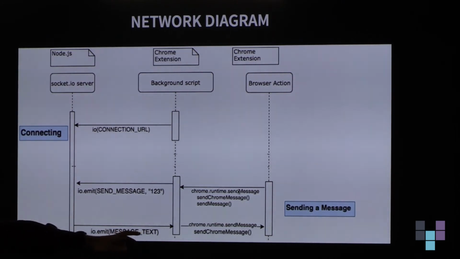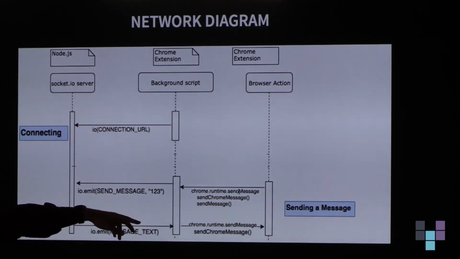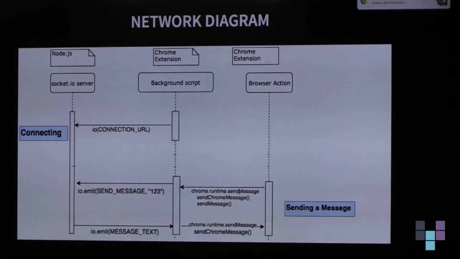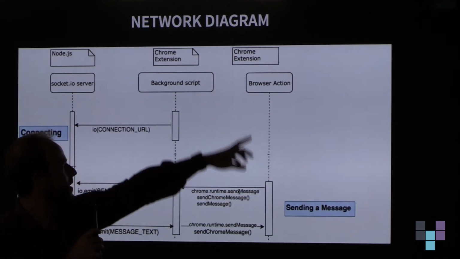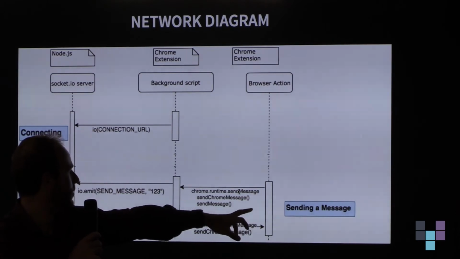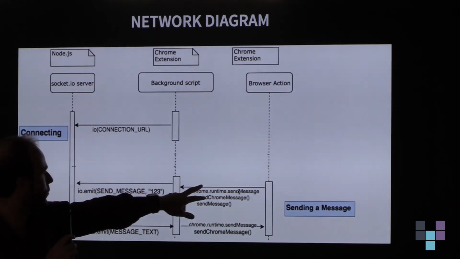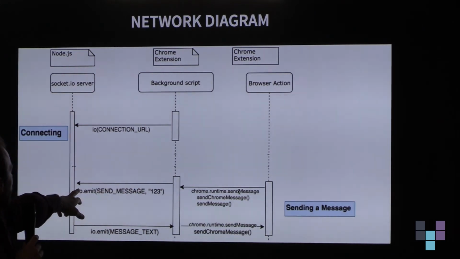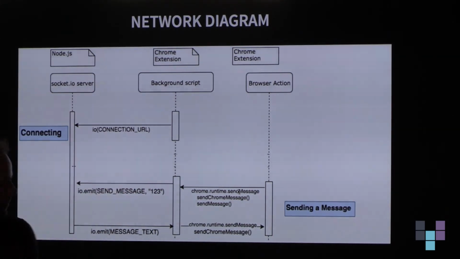So this io emit will be waiting here just to pick up those messages, and then if it needs to send something back, say in the browser action someone just typed in window alert, when that's sent from the browser action, it'll use those Chrome runtime APIs to send it to the background script, which then emits it straight to the Socket.io server.